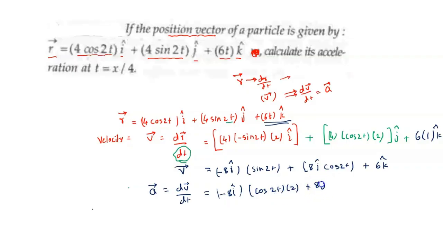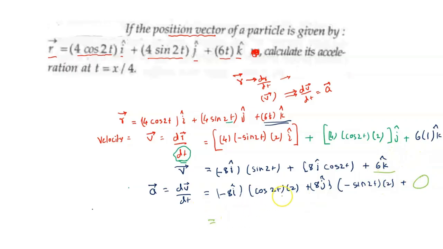Plus 8 j hat as a constant, and cos of 2t becomes minus sine of 2t into 2. The 6 k hat is a constant, so its differentiation is 0.